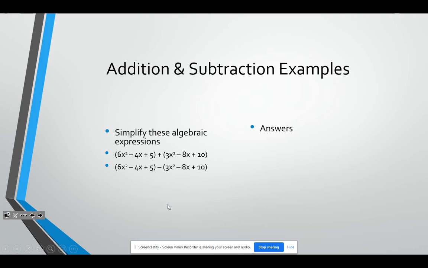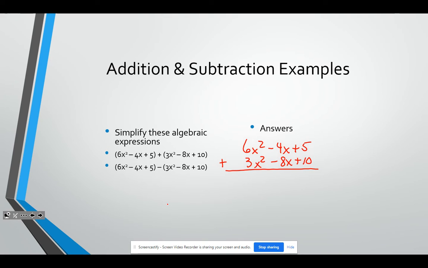Here are your answers. I'll do one with the vertical method and one with the horizontal method. I'll do the addition with the vertical method, and that's 6x squared minus 4x plus 5. The plus will be out here, and then 3x squared minus 8x plus 10. Now, this vertical method is similar to what you did in kindergarten when you were adding simple numbers.